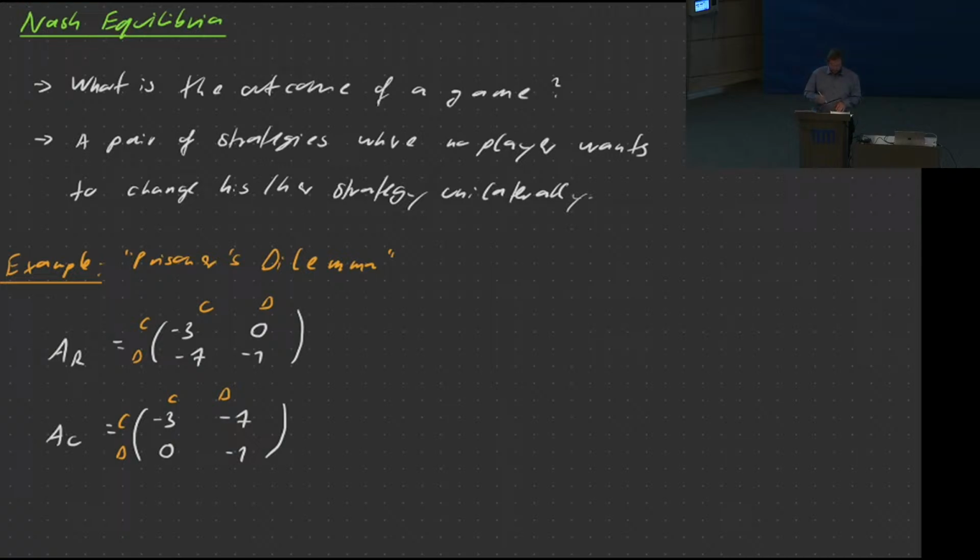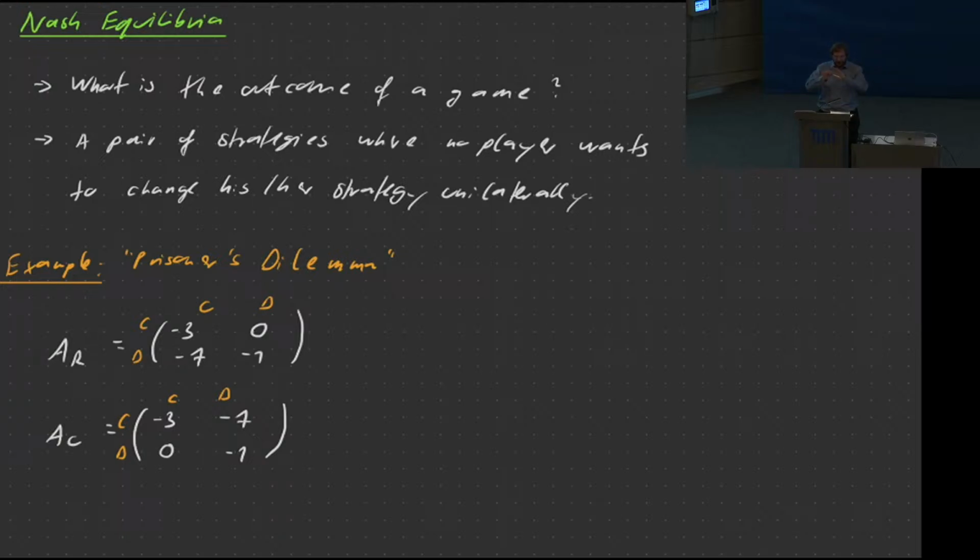One important concept in the analysis of games is the concept of Nash equilibrium. The basic idea is that a Nash equilibrium is a situation, that means a choice of strategies, where none of the players will gain anything by changing the strategy unilaterally.